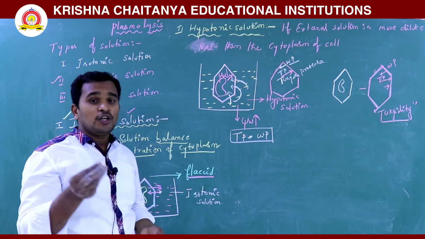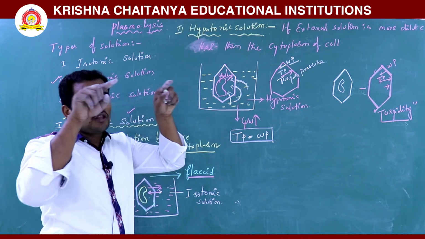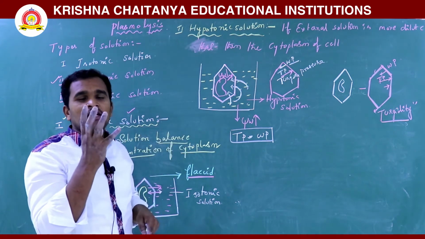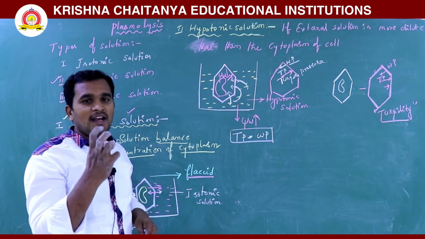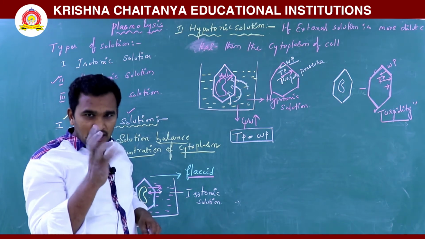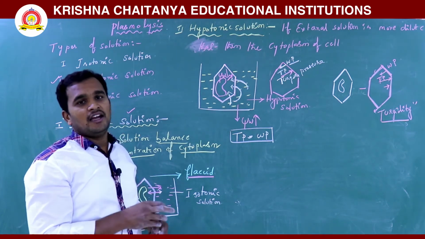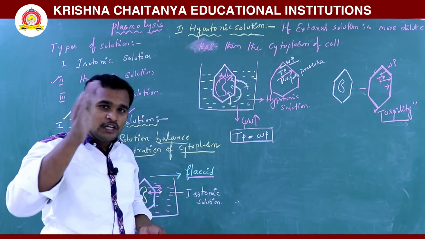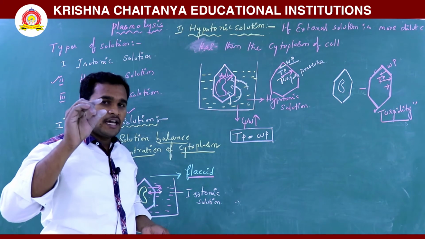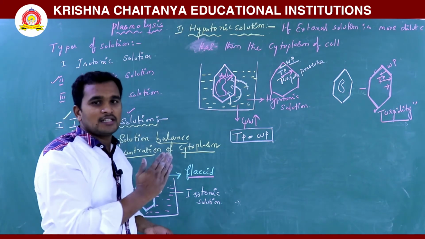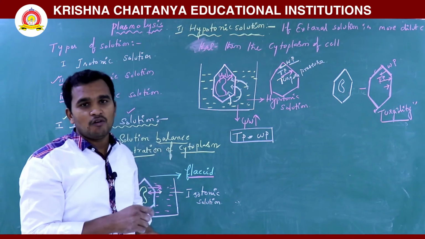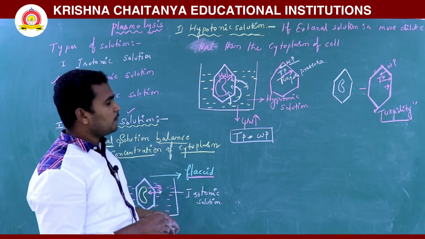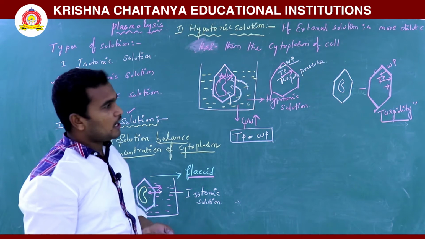Due to the hydrostatic pressure, the cell wall swells. That pressure is called turgor pressure. The cell wall also pushes inward, and that pressure is called wall pressure. Turgor pressure equals wall pressure, we are observing.